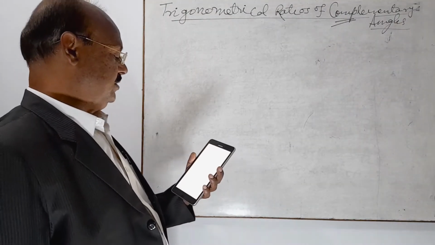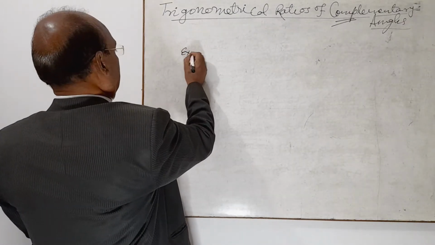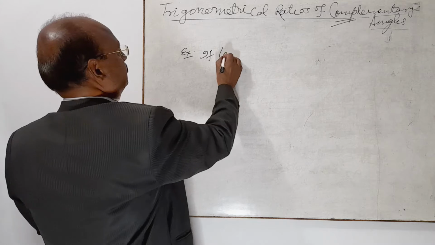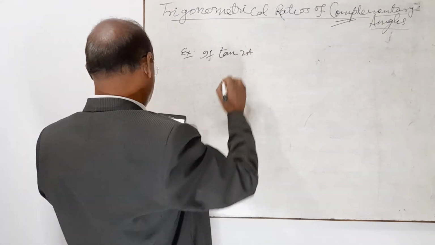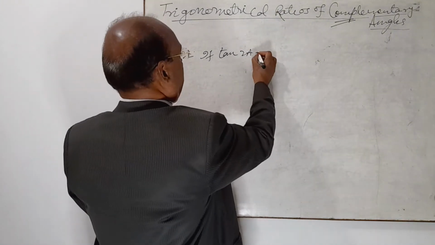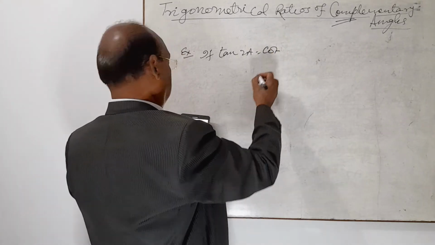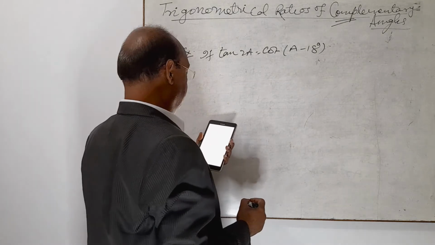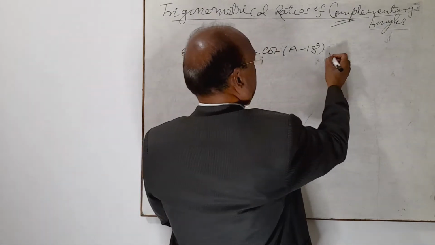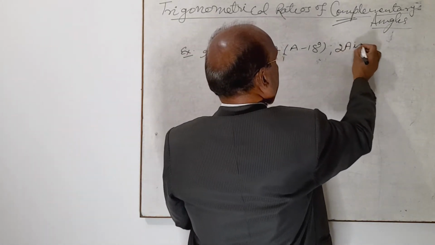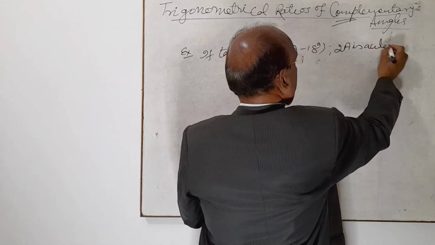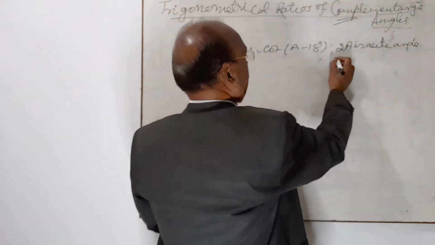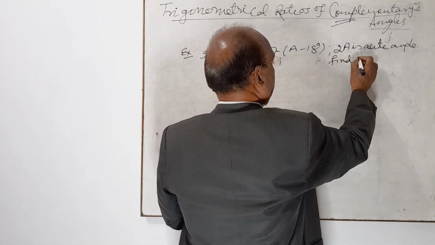Now let us see some more problems. Your next question is, if tan of 2a is equal to cot of a minus 18 degree, where 2a is acute angle, then find value of a.